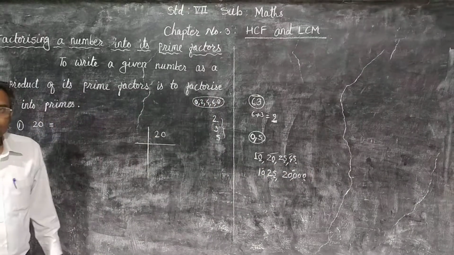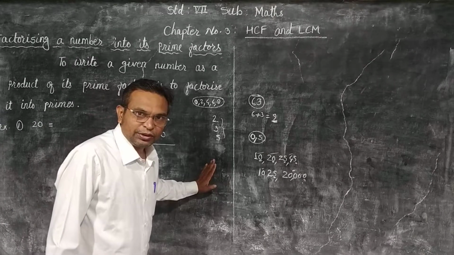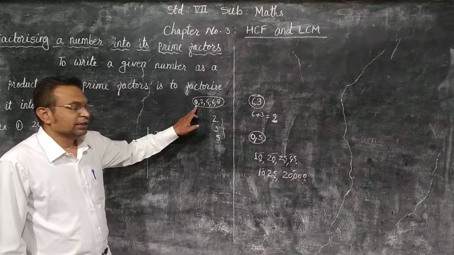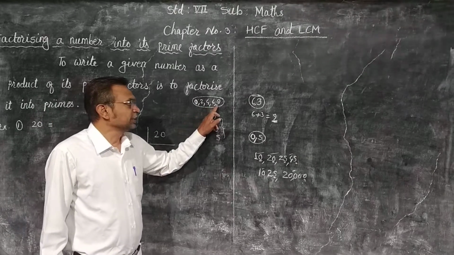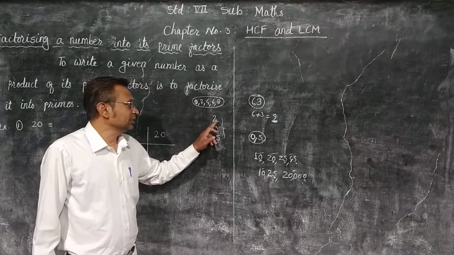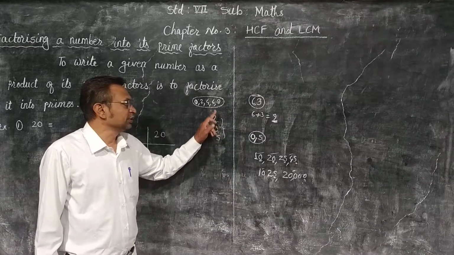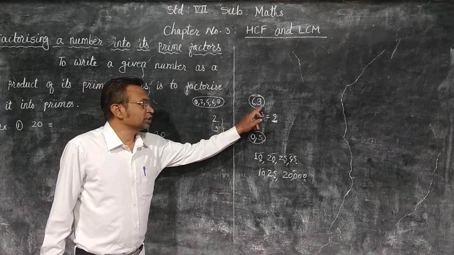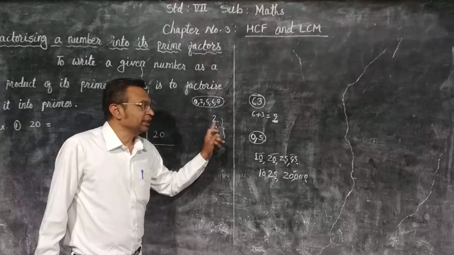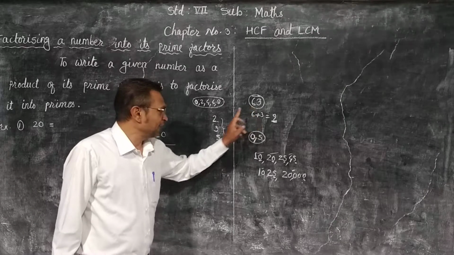These are the tests you learned last year. If the unit place has 0, 2, 4, 6 or 8, then it is divisible by 2. If the sum of the digits is a multiple of 3, then that number is divisible by 3.